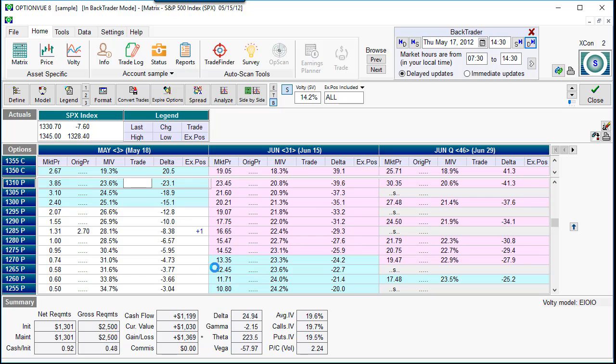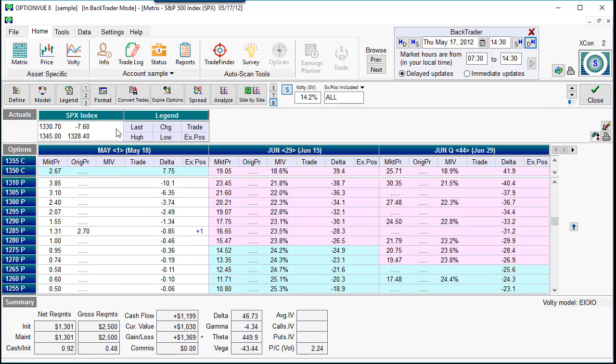We'll go the day before expiration. I don't know if 1325 was violated, but let's just see if it was. All right, come on. And now, of course, OptionView will have to be a little bit buggy, right?